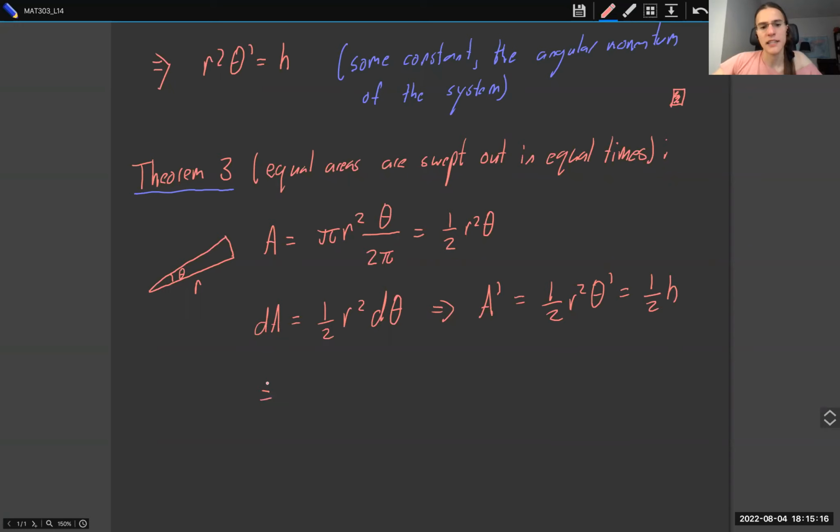So that tells us that area as a function of time, solving this differential equation, is half h t. But this means that area increases linearly. And that proves the result.